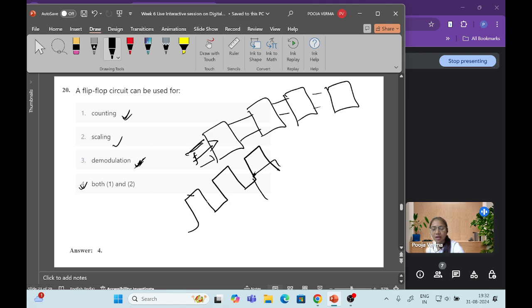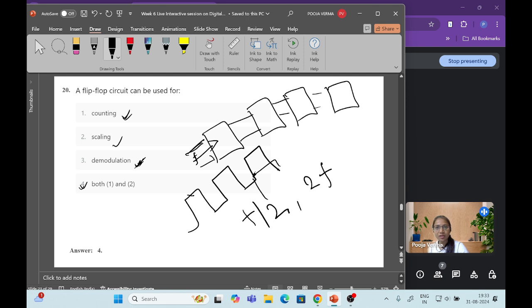We can use the flip-flop to divide that input frequency or multiply it. I have one example in the next few slides, then you will be able to understand. Okay, so flip-flop is also used for scaling the input frequency.